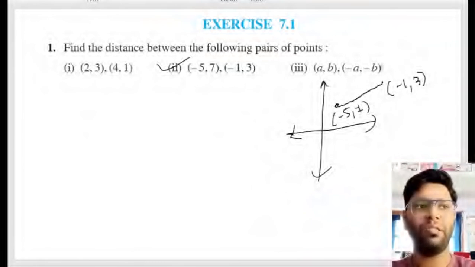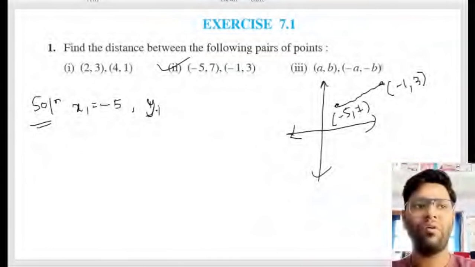If I join these two points, this is the distance we are asked to calculate. In the solution, x1 is minus 5, y1 is 7, x2 is minus 1 and y2 is 3.